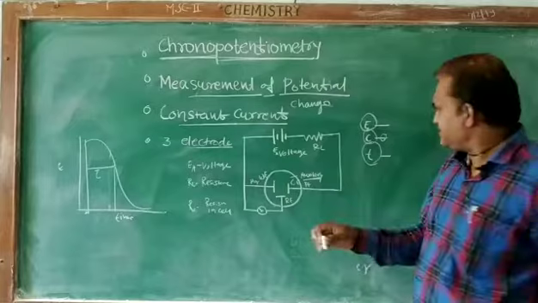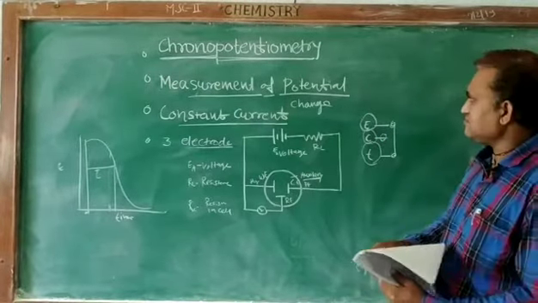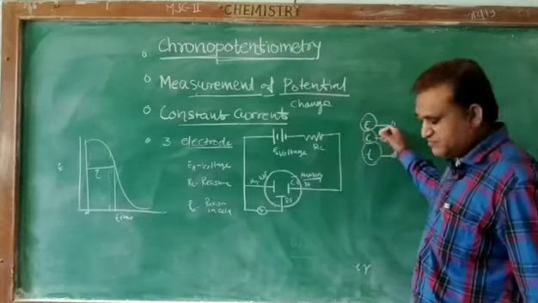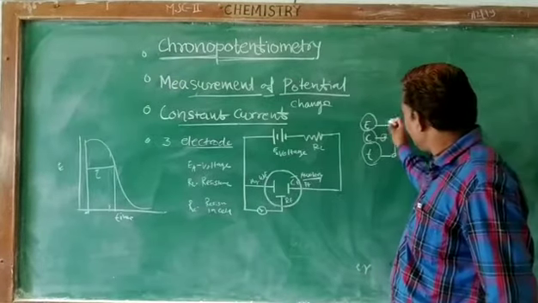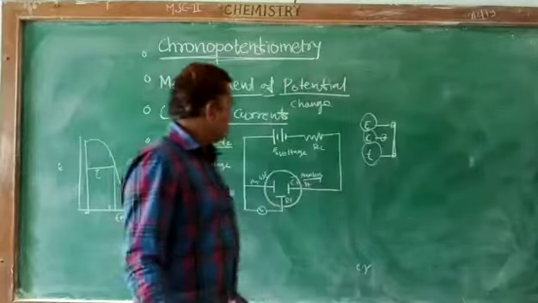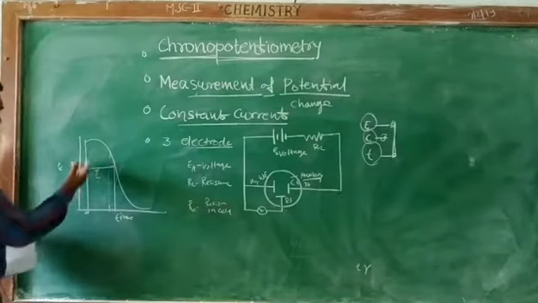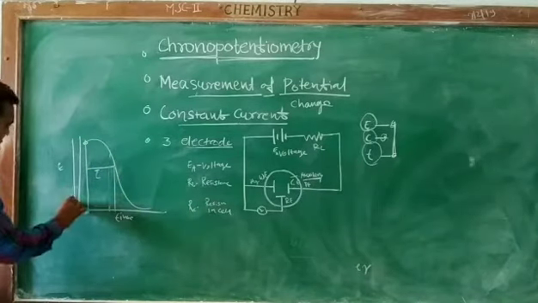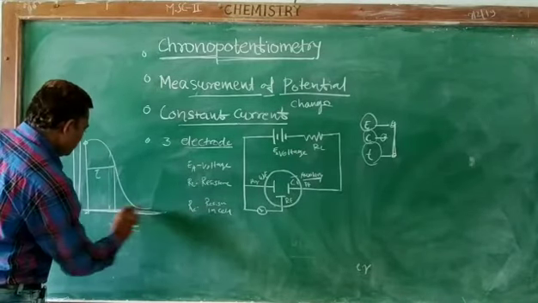So our graph is potential versus time. Here the current is constant, so we get the graph between the potential and time.